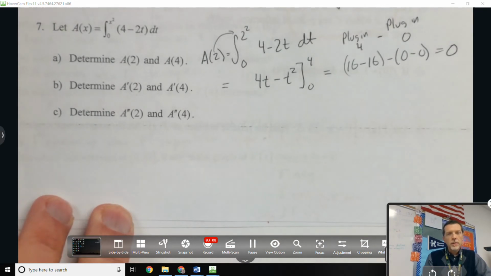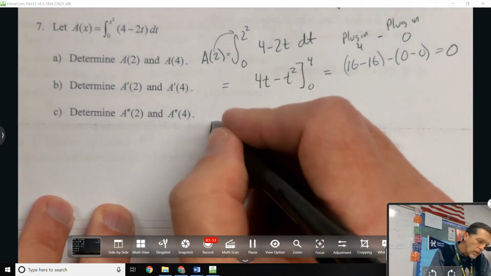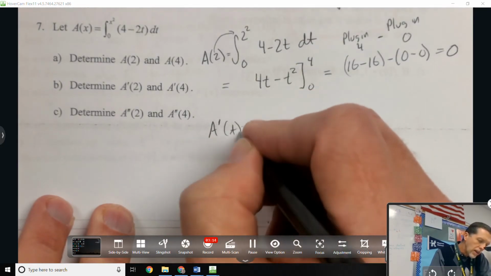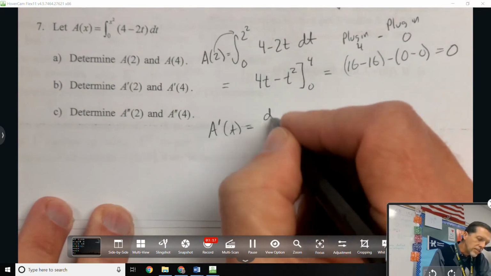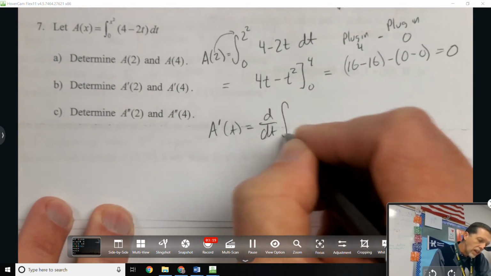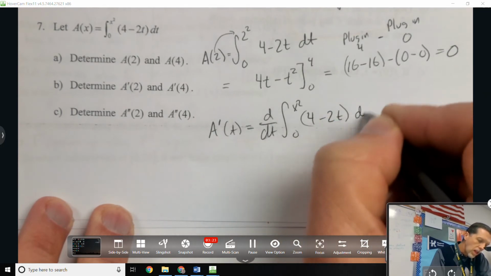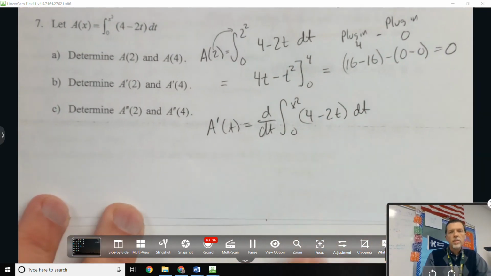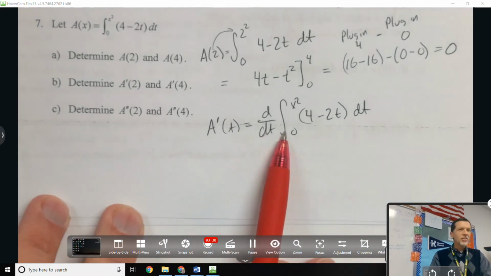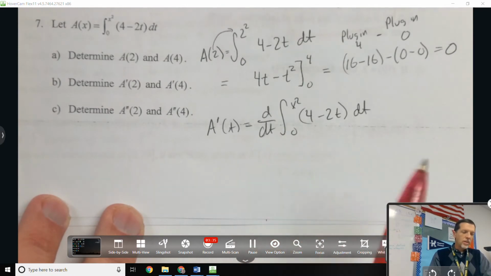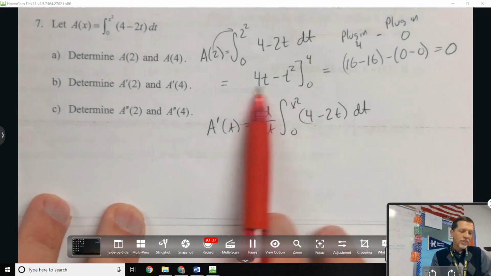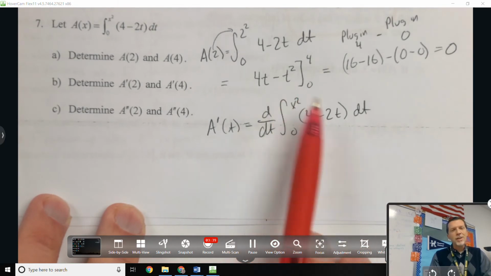So then for the prime ones, what do you do? For a prime, that means I need to take the derivative of that thing. So I'm going to take the derivative of an integral. The long way around is, oh, we already took the integral, now let's take the derivative. And I'm going to say, no, don't do that.